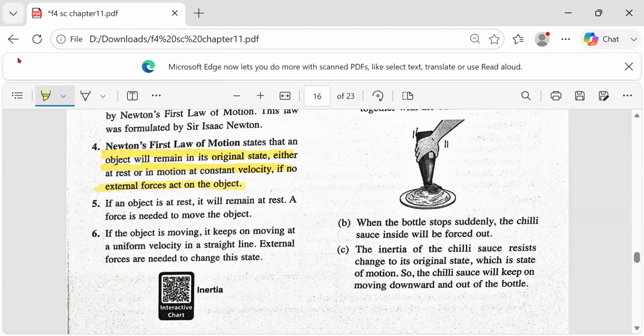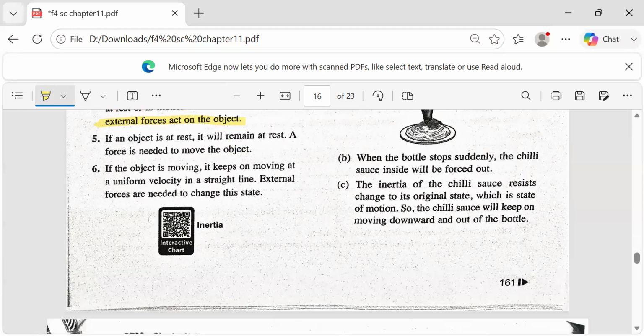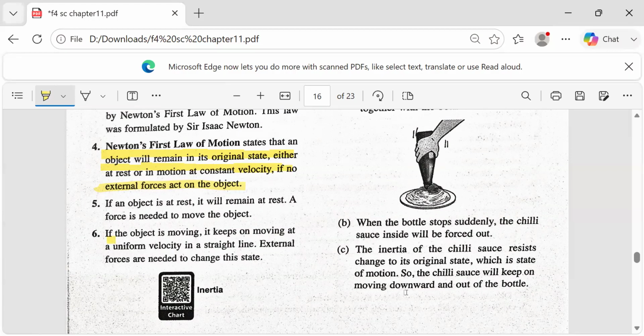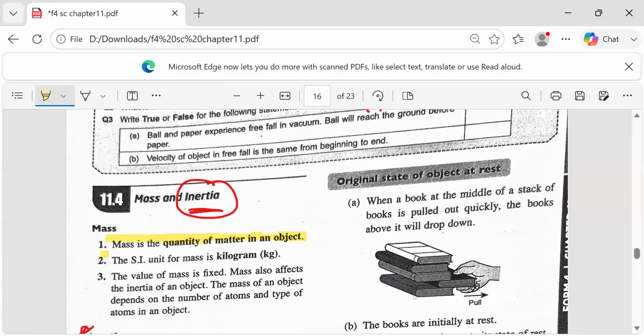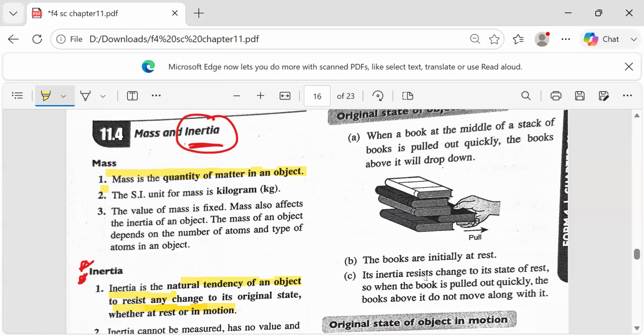It won't stop because it's in motion. Okay, in real life it will stop because of friction lah. If an object is moving, it keeps on moving at a uniform velocity in a straight line, because only an outside force will stop it. Okay, so for example, the books are at rest. They don't want to move. You pull it, you force it to move. Okay?